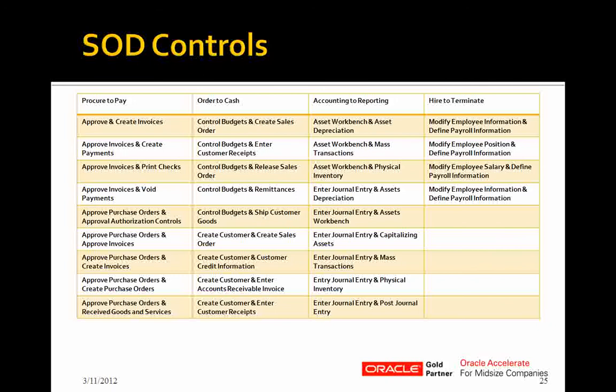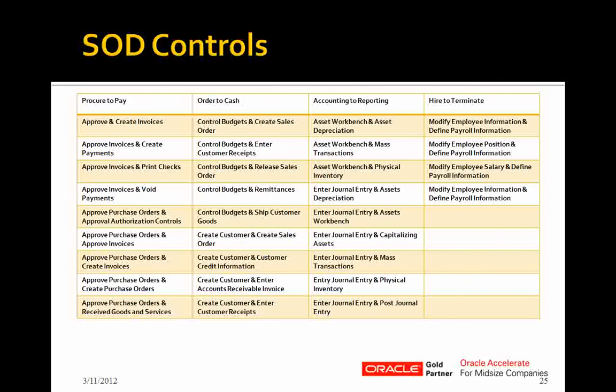An example of procure to pay, and this is the control, is approve and create invoices. Approve invoices and create payments. The name of the control identifies the two incompatible functions. And under approve and create invoices, that includes every single function that you can use to approve an invoice and create an invoice.